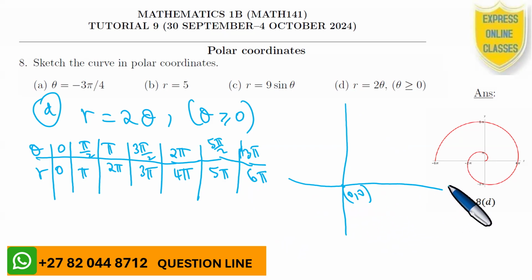If we say this is 0, and this is pi over 2, and this is pi radians, and this one is 3 pi over 2 and this one is 2 pi, we'd have exactly this one.